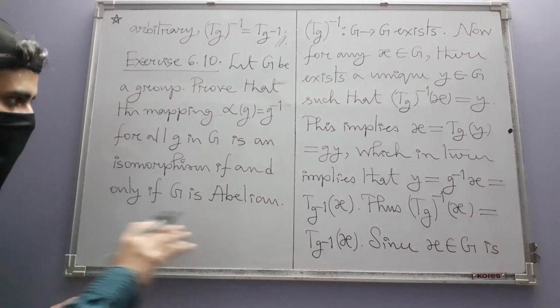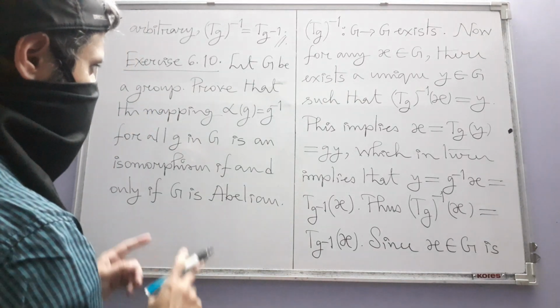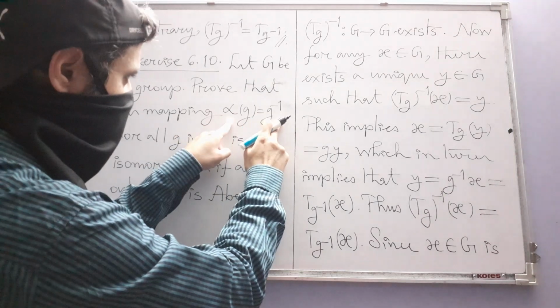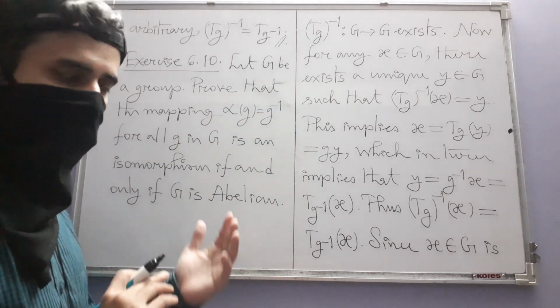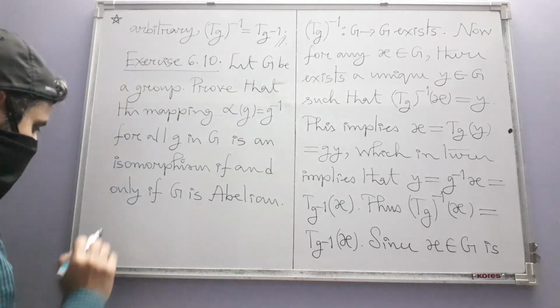So that means we have to show two implications. One, when you assume that this is an isomorphism, then you have to prove that G is abelian, and the converse. So let's prove the converse first.